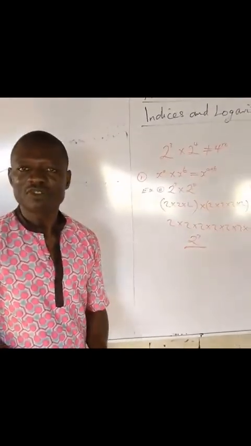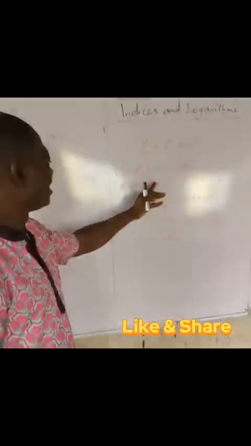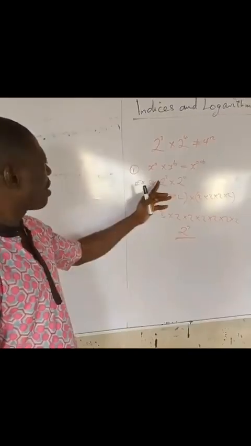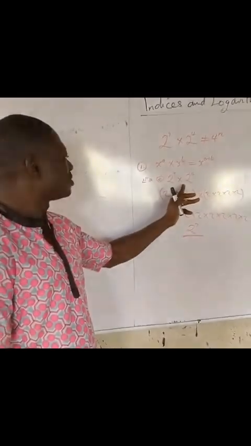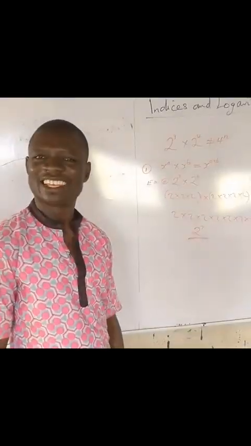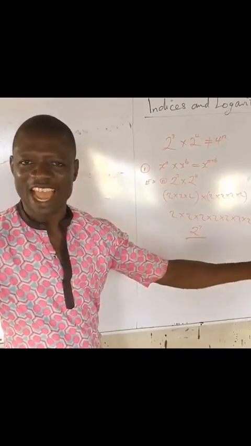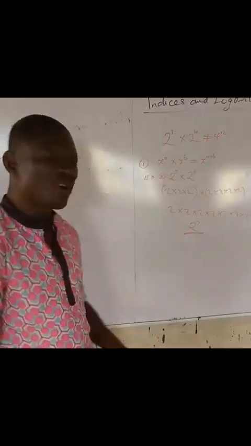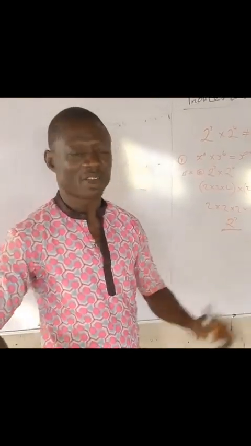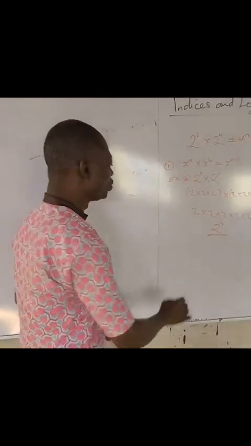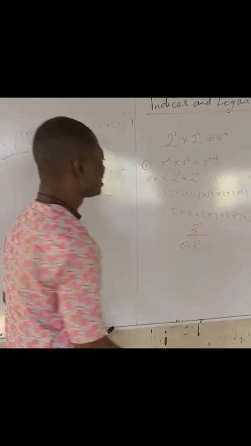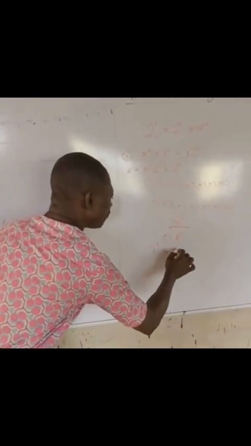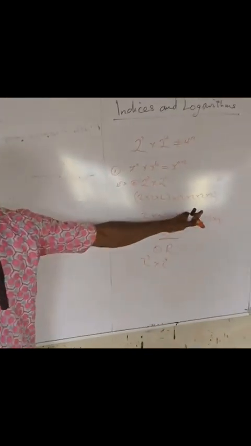But what if the index here is very big? Have you thought about something like 2 raised to the power 20 times 2 raised to the power 99? Which space and time will help us do that? Therefore, the law of indices will make it better for us. We will not expand them.